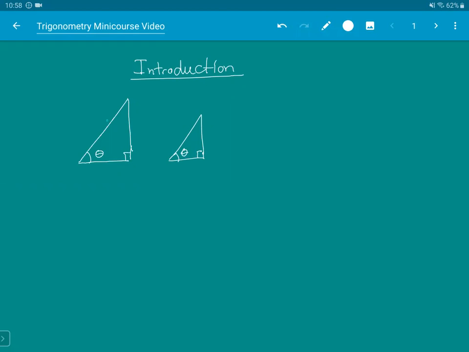Now the side lengths of these will be totally different, but they do share one thing in common, which is that the ratio of the sides between these angles in the triangle are identical.